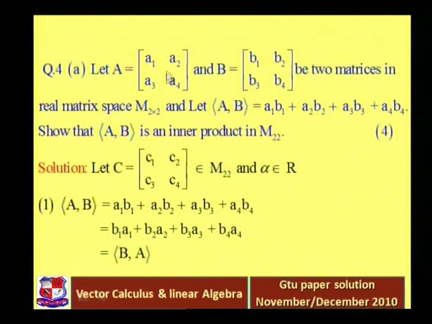Capital A and B are already given in the example: A is A1, A2, A3, A4 and capital B is B1, B2, B3, B4.